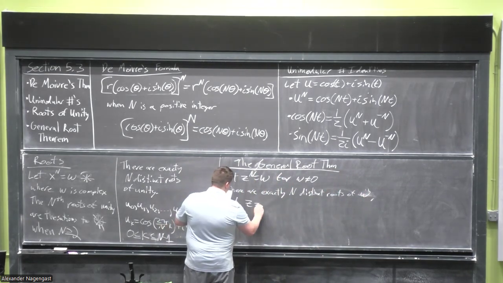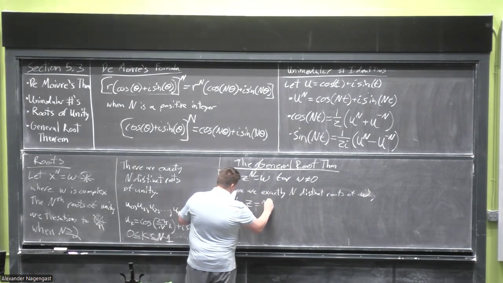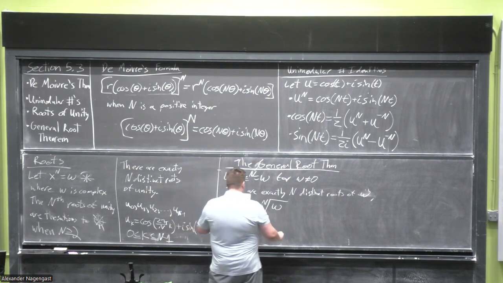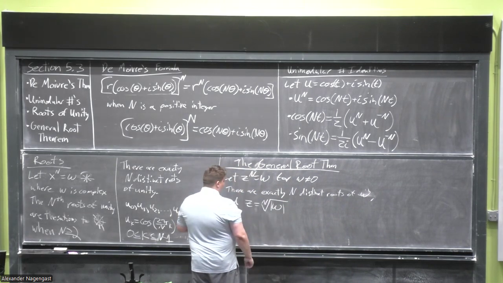Z equals the nth root of omega, taking the modulus of omega.